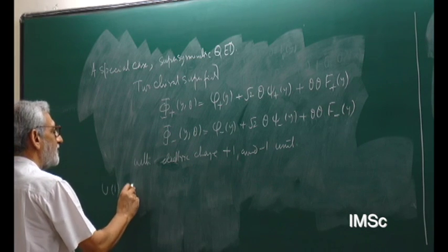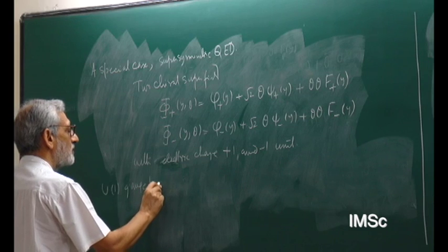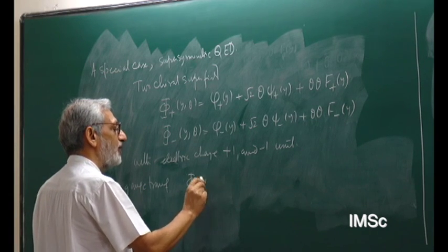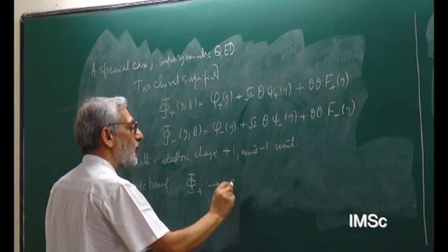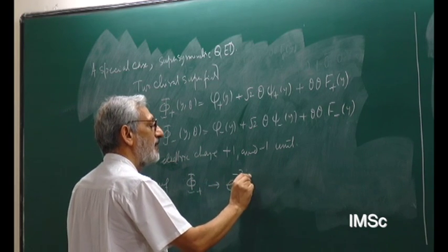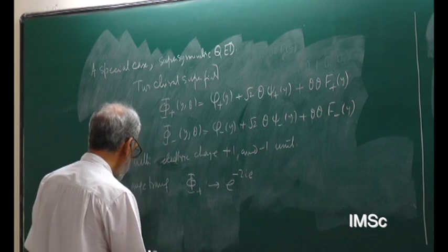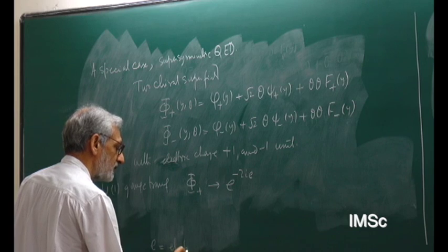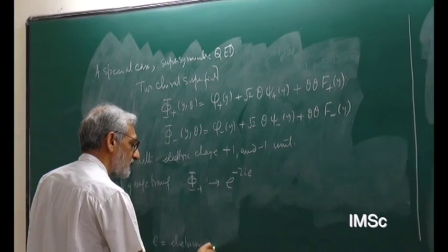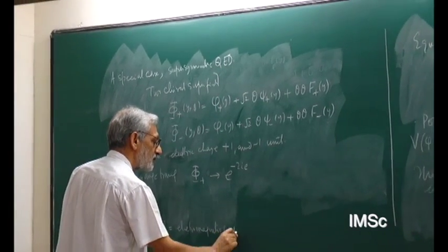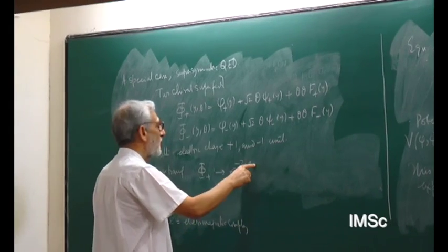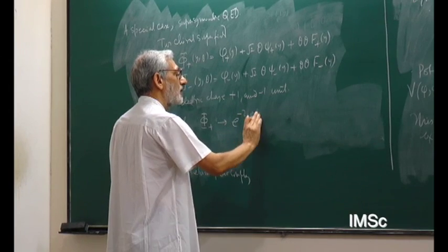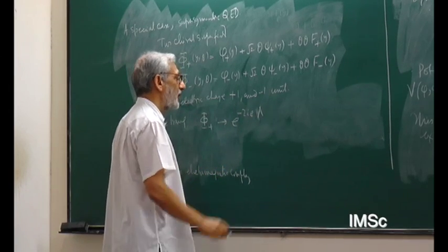A U(1) gauge transformation will act on these. The phi plus superfield will go to exponential minus 2i e, where e is the electromagnetic coupling, times the charge of phi plus, which is 1 unit, times this transformation parameter.